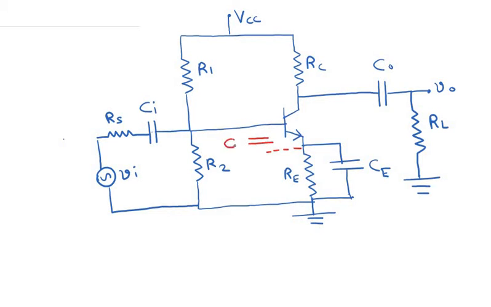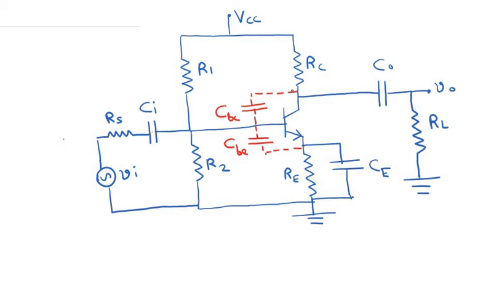Let us call this capacitance CBE to denote the base to emitter capacitance, and we also have a capacitance connected here, let us call this capacitance CBC to denote the base to collector capacitance.